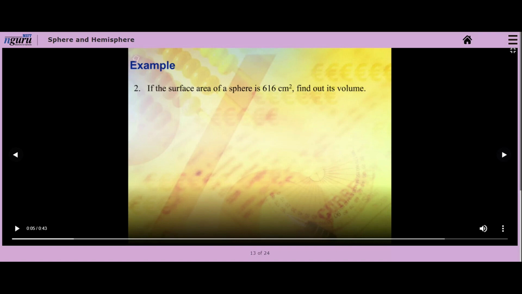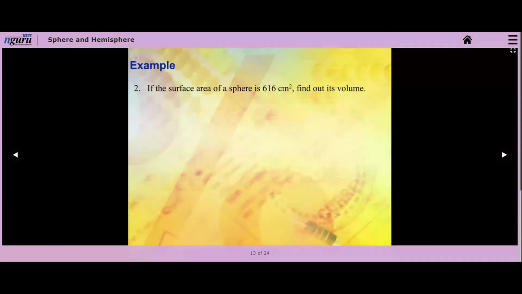Radius is 7. Volume is 4 by 3 pi r cube. 1437.33 cubic centimeters.